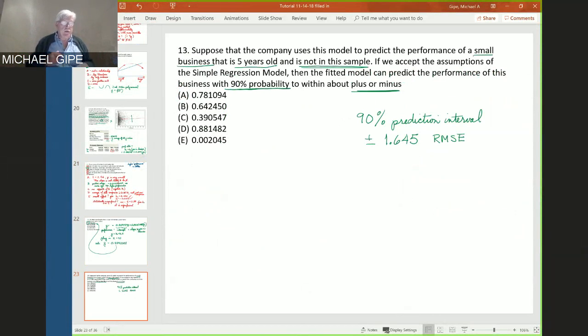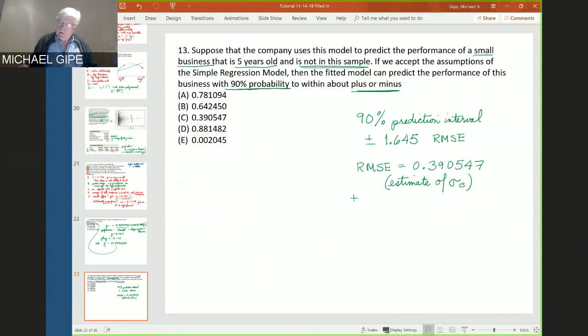That's the RMSE. So we can go ahead and calculate RMSE is 0.390547, which is an estimate of the standard deviation of the errors.